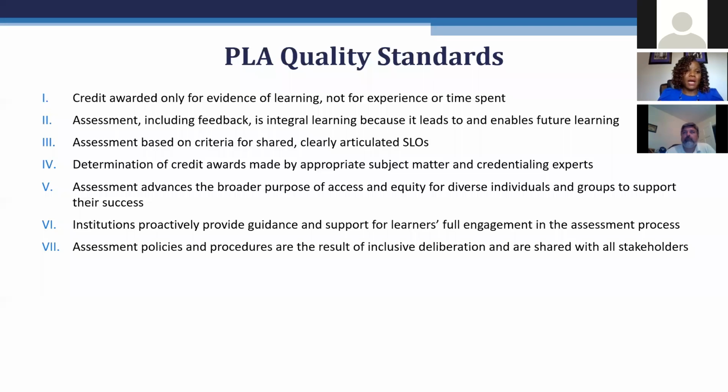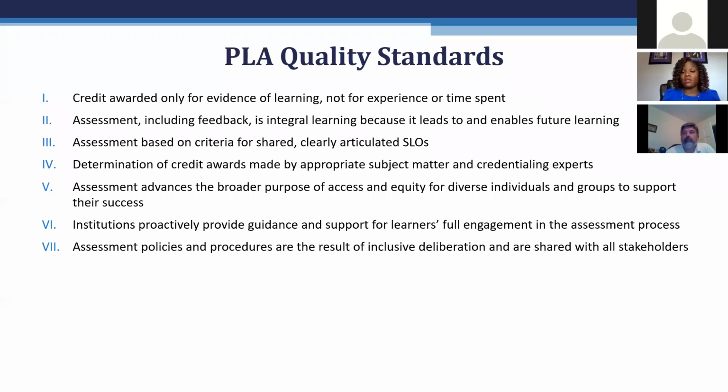The assessment policies and procedures related to PLA should be made in a group decision-making fashion. So they need to be discussed and deliberated upon by stakeholders university-wide. So for example, if at my university they decided to do PLA in the College of Business, business students aren't necessarily only going to request PLA credit for business classes.